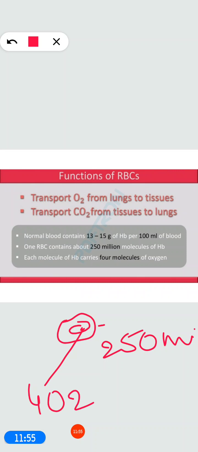This is the function of RBC. The main function is to transport O2 from lungs to tissues and CO2 from tissues to lungs.